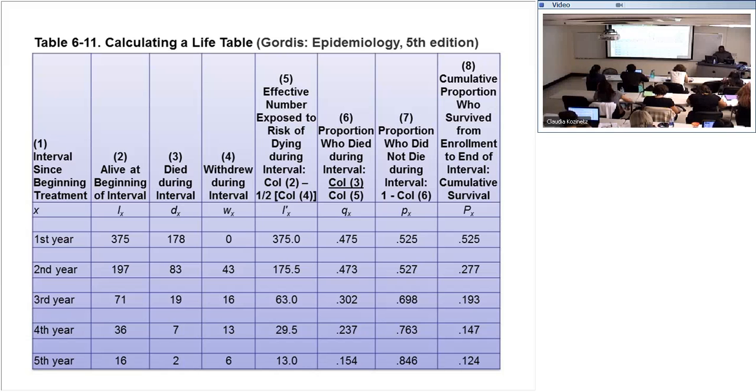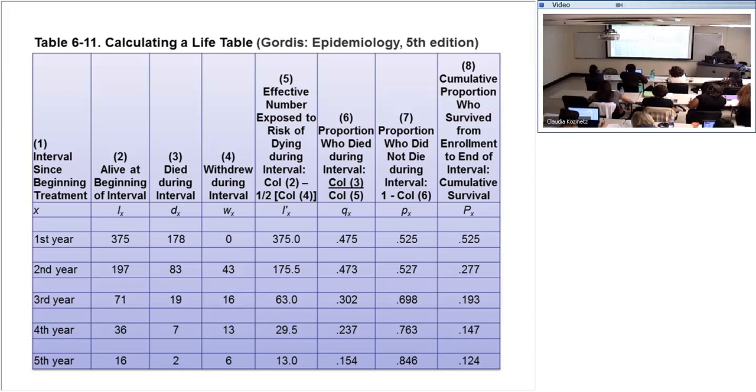Let me use the last one. So the last one, we had 16 people starting the interval. 2 people died, 6 people were lost to follow-up. So effectively at risk is 13, because 6 divided by 2 is 3, and 16 minus 3 gives us 13. Then when we divide our 2 by 13, we get this.